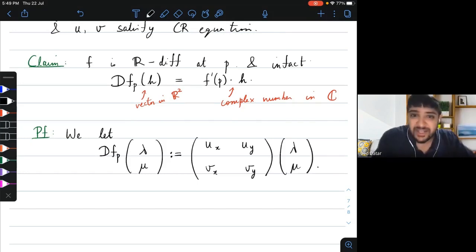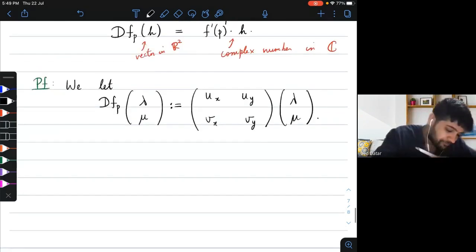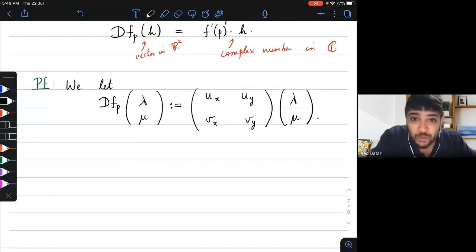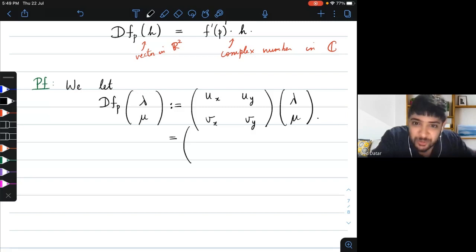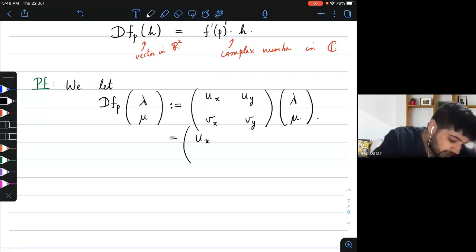Okay, so I'm defining this map Df_p, and then I want to show that this Df_p map actually happens to be the R derivative. That's my aim. Okay. So by the Cauchy-Riemann equations, as somebody pointed out, the Jacobian can be rewritten using the Cauchy-Riemann equations. So let's do that. So that's just minus uy and ux.